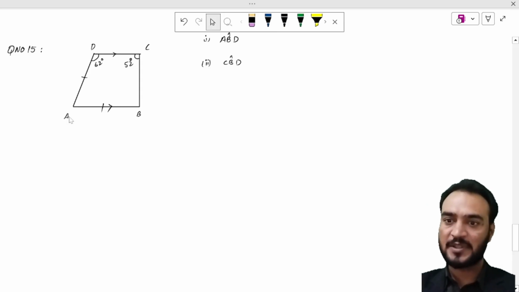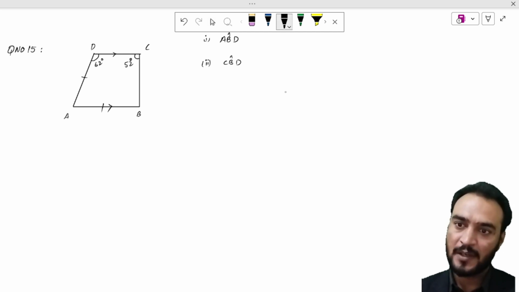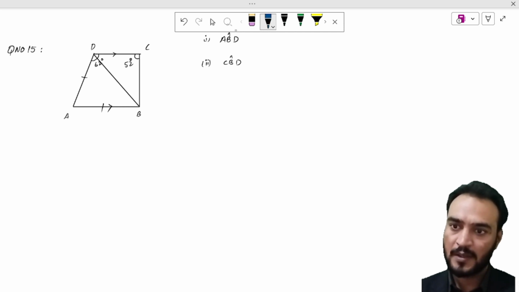So this is the trapezium ABCD where angle BCD is equal to 52 degrees, angle ADC is equal to 62 degrees, and we have to find the angle ABD. To find the angle ABD, let us join points D and B with a straight line. This is the angle ABD which we have to find.